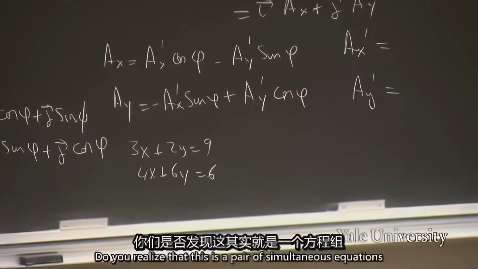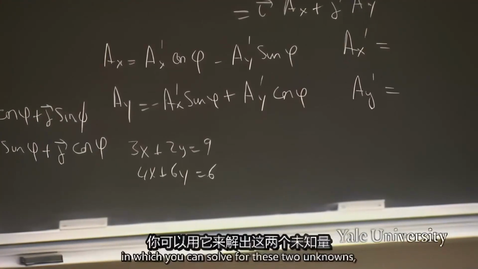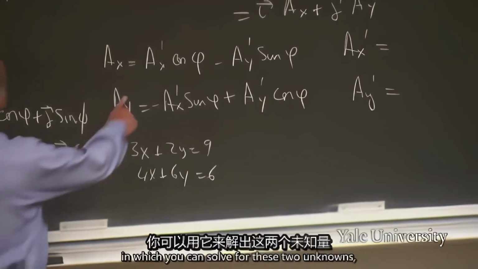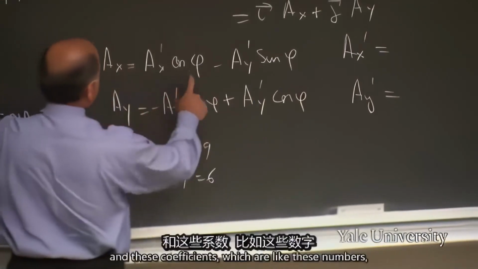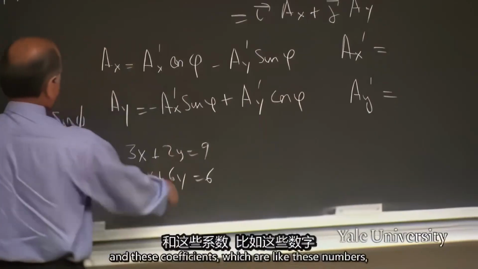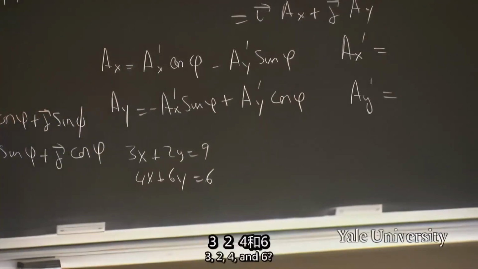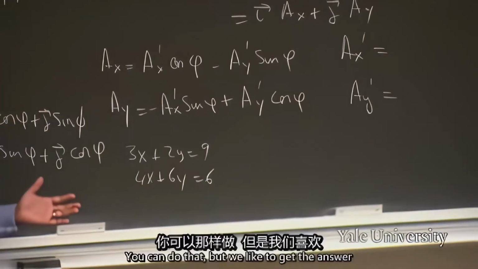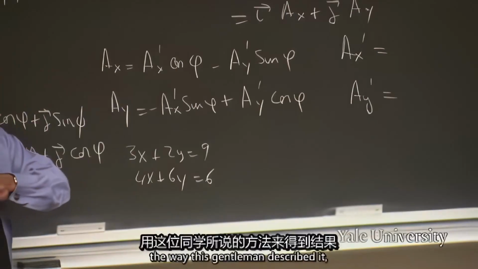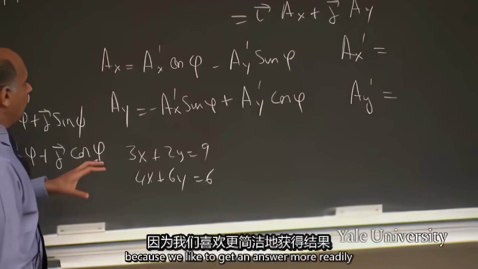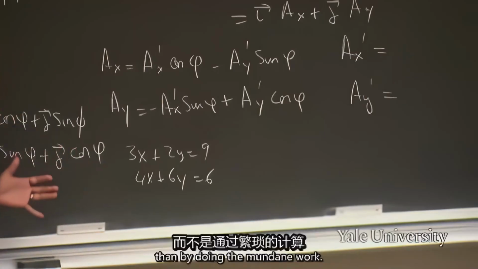But do you realize that this is a pair of simultaneous equations in which you can solve for these two unknowns, if you like, in terms of these two knowns and these coefficients, which are like these numbers, 3, 2, 4, and 6? You can do that, but we like to get the answer the way this gentleman described it, because we like to get an answer more readily than by doing the mundane work.